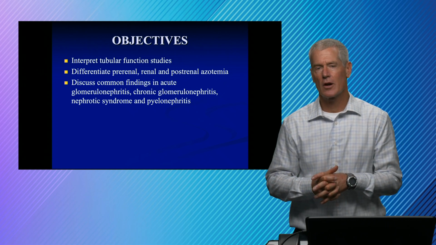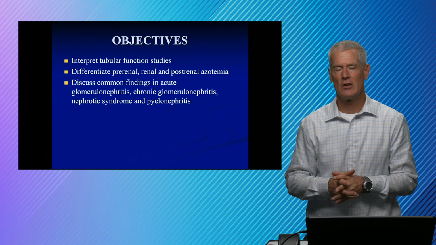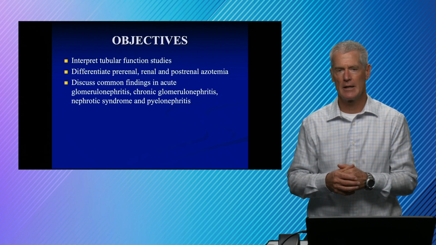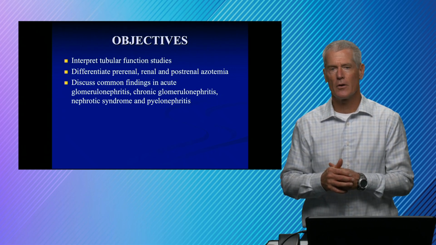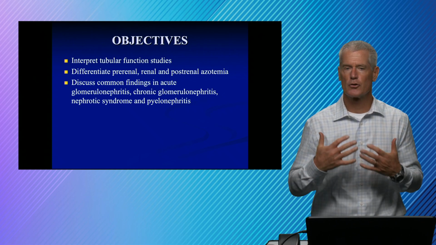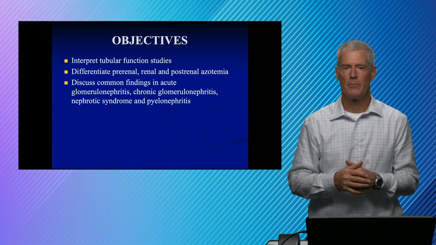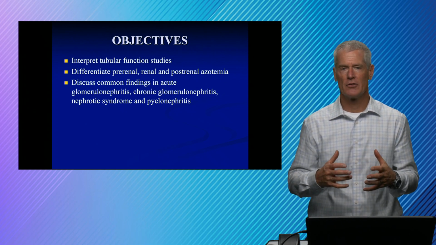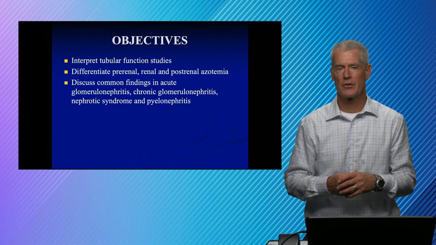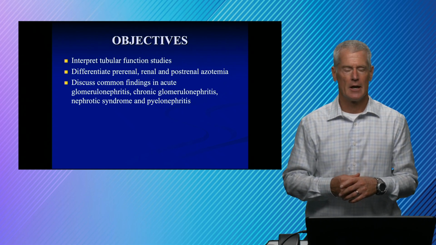And then finally we're going to talk about acute glomerulonephritis, and that's a disease where you have inflammation of the glomeruli, oftentimes caused by a sore throat, streptococcal infection after a latent period where the immune complexes have deposited in the glomerulus and are causing inflammation and subsequent damage.